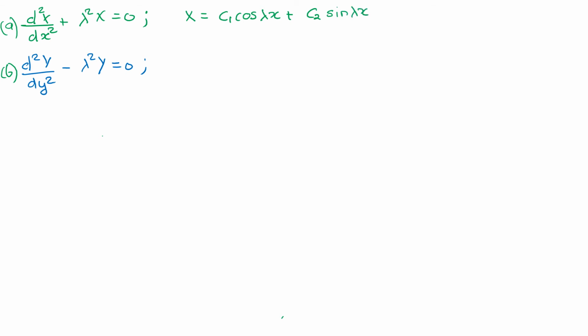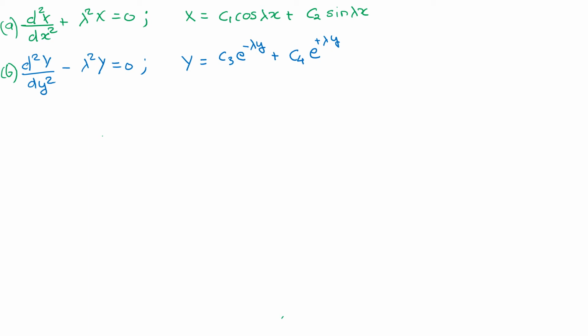So these are regular sines and cosines, and your general solution for Y, let's write it in the exponent form, will be C3 into e to the power minus lambda y plus C4 into e to the power plus lambda y.